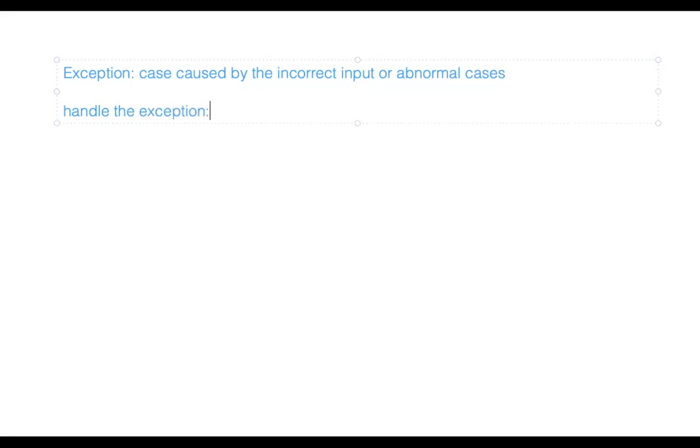To handle the exception, we have two ways. The previous one you have already learned, I think most of you deal with the IO exceptions, is at the method. At the method, the program throws the exception.